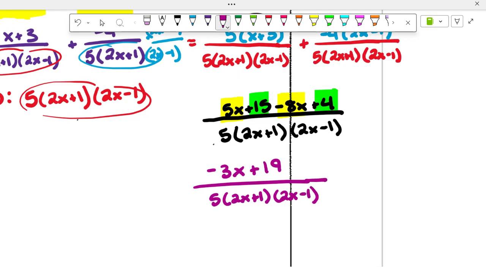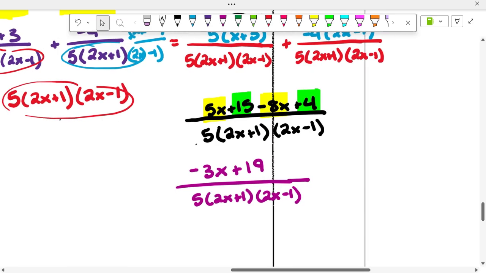Now, is it even possible to factor the numerator? No, there's no GCF. It's not a difference of squares because they're not both perfect squares. In fact, we don't even have an x squared. And it's not a trinomial, so we can't use big X. So we're done. You can stop here, or you can distribute the bottom.